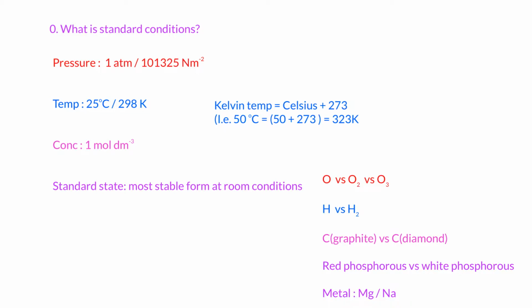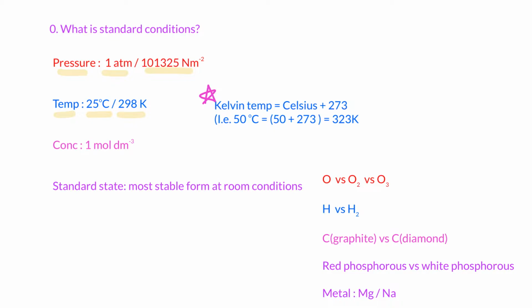For pressure, it's pretty easy to understand: it has to be 1 atm, normally with the unit atm. For temperature, we talk about 25 degrees Celsius, or on the Kelvin scale 298 K. In case you don't know, the Kelvin scale equals Celsius plus 273.